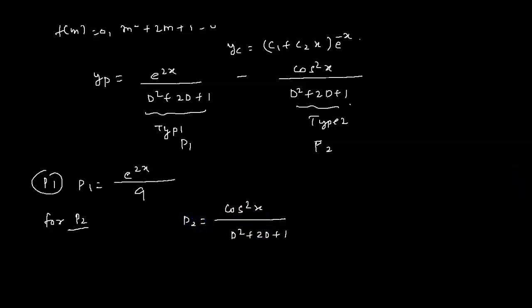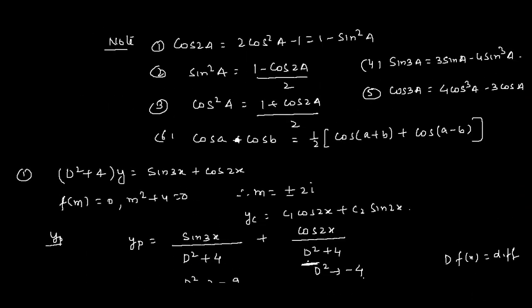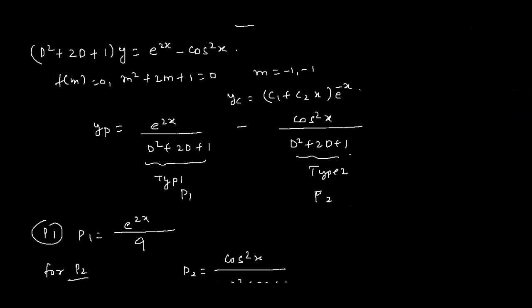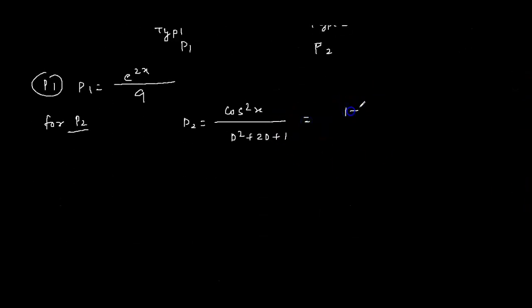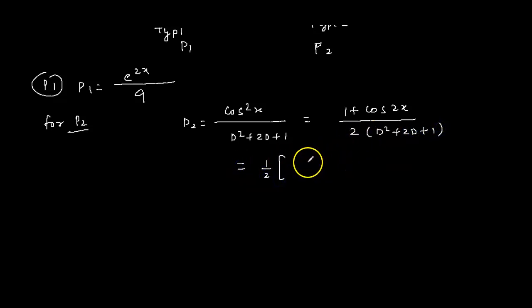Here we cannot do cos square directly, so you can write it in the form of the compound angle formula: cos square x is 1 plus cos 2x by 2. So we get 1 by 2 into D square plus 2D plus 1, with 1 by 2 outside. So we get 1 upon D square plus 2D plus 1 and here cos 2x by D square plus 2D plus 1.